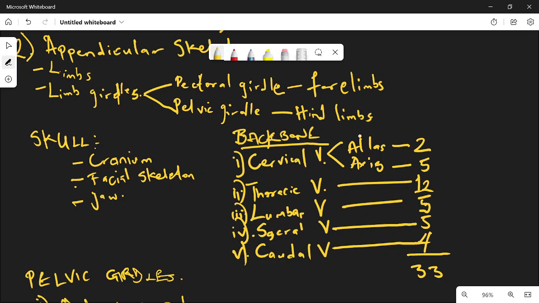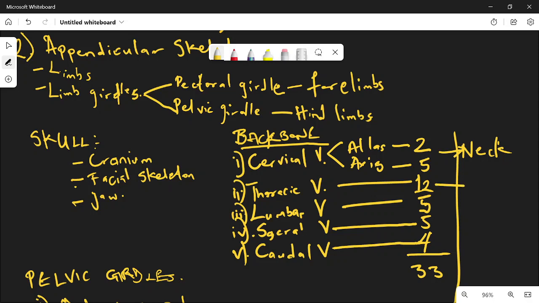So those are the number of bones that we have. Let me quickly tell us their location in our body, the location of each of the bones. These ones here are found in the neck. The cervical bones are found in the neck.